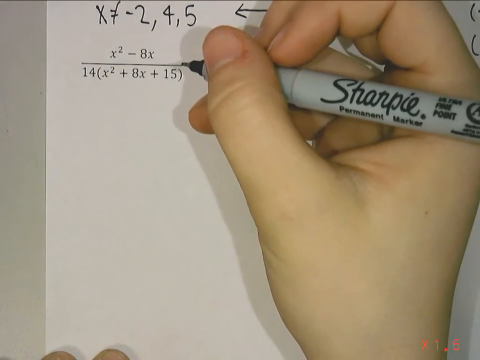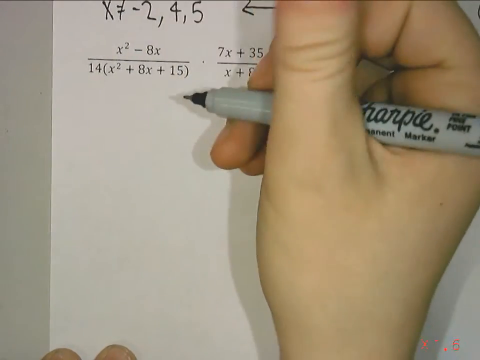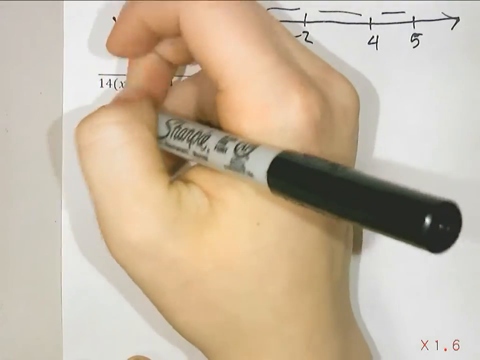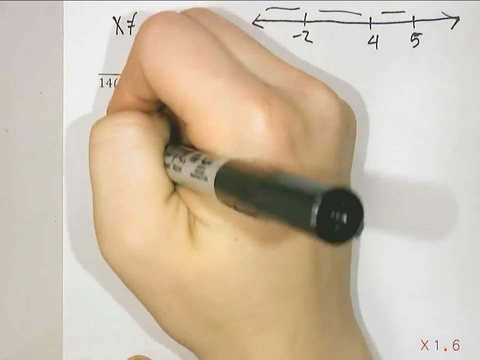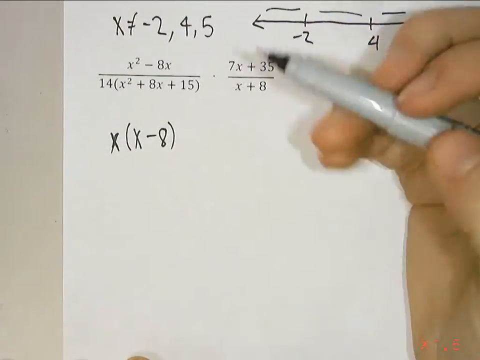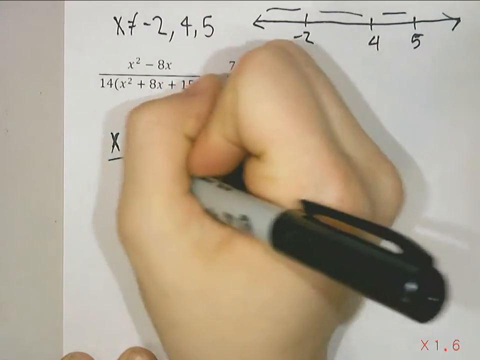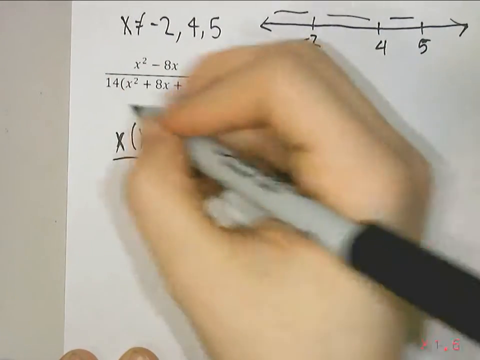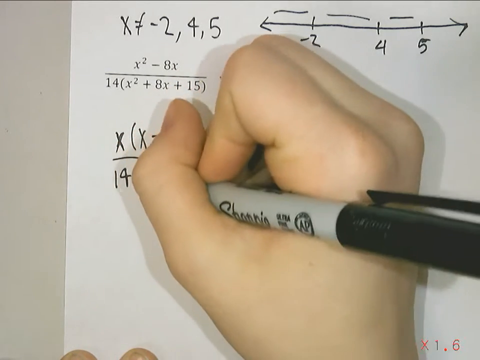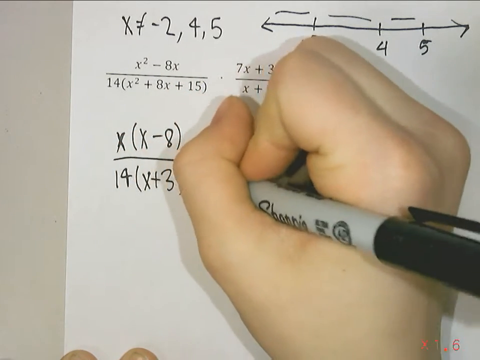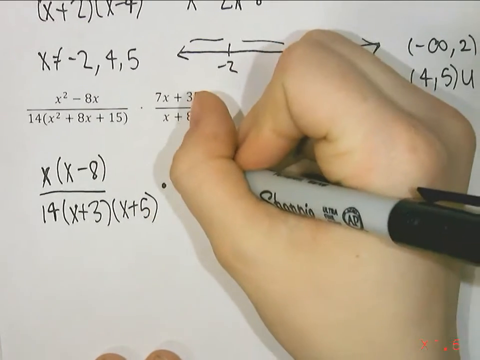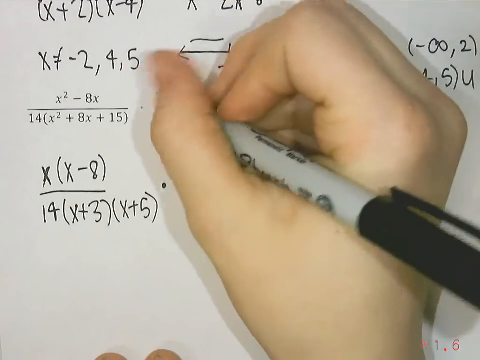No. Oh, okay. So for the second problem, again, step one is factor. So you can pull an x out of this, so x minus 8. So you pulled it out of the x squared. And then out of here, they already factored it for you. They pulled the 14 out. So it's just x plus 3, x plus 5. And this is multiplied by, you can pull the 7 out of here.